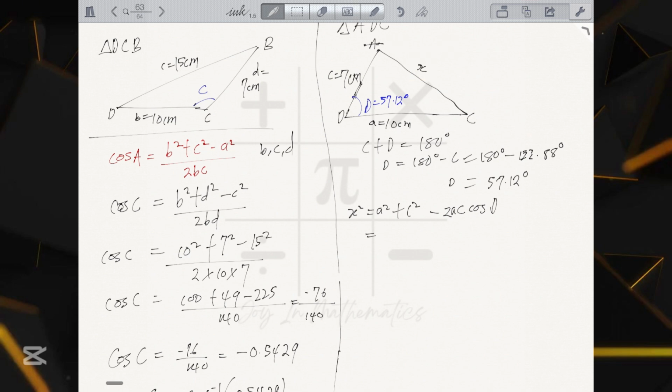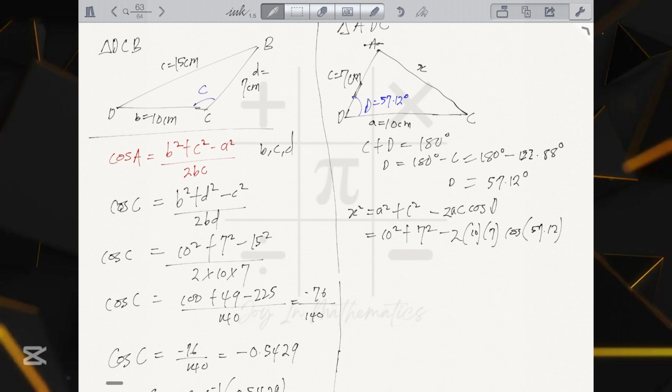Our A is equal to 10, that's 10 squared. Our C is equal to 7 squared, and we'll have 2 into 10 into 7 multiplied by cos D.